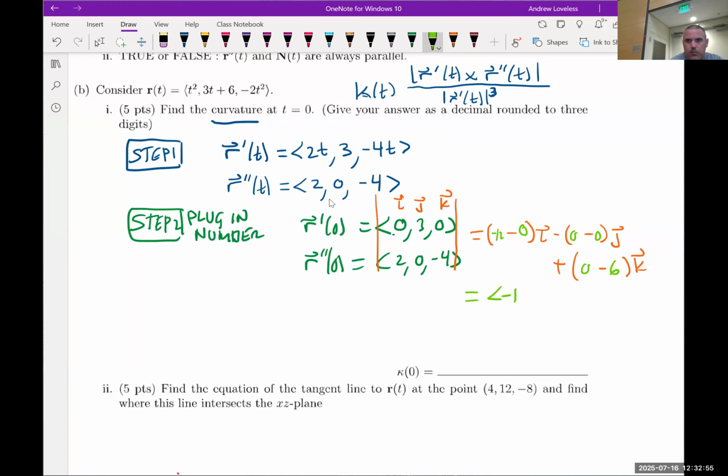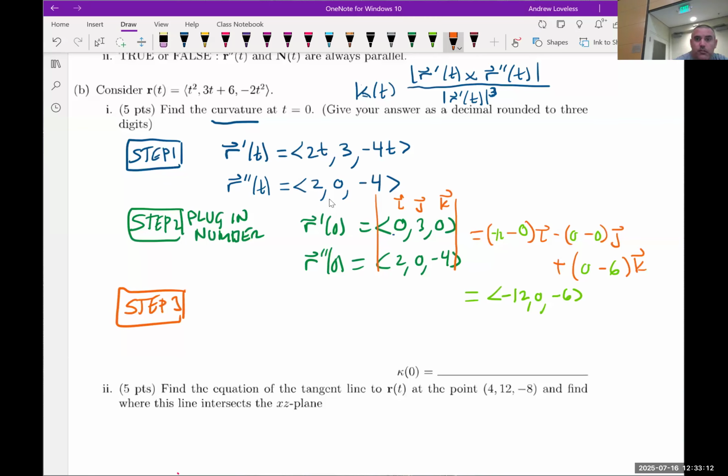So I get -12, 0, -6. Did I do that right? Yes, that matches up.